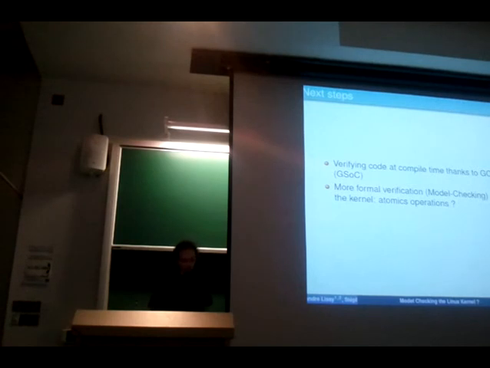And another point that I would like to do next is a more formal verification of some part of the kernel, and maybe atomic operations, because I saw many events around things that have been fixed in the project in the previous year. And I did not see much work to check this part. It seems to be an important part being used by several other parts of the kernel.